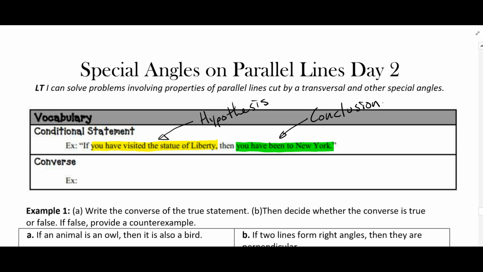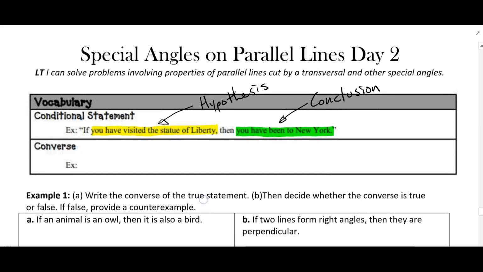Now we want to write the converse. In the converse, we take the hypothesis and the conclusion and switch them around. Since we're dealing with sentences, sometimes you have to change it around a little bit so that it makes sense. So let's switch these around.